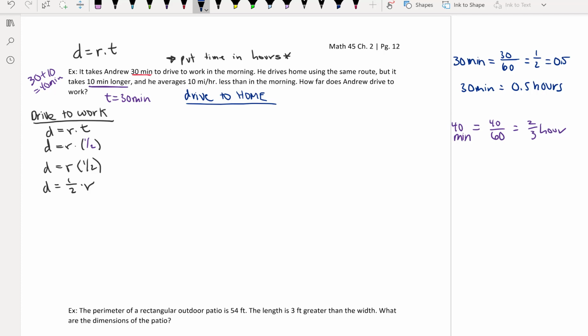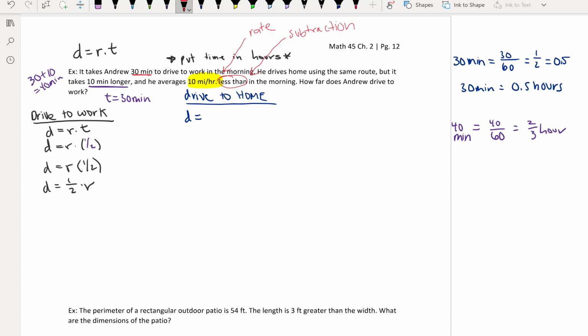So 10 minutes longer, so we have our distance is equal to, and he averages 10 miles per hour less than in the morning. So this 10 miles per hour, that is going to represent my rate. And if something is less than, then you're thinking about subtraction.